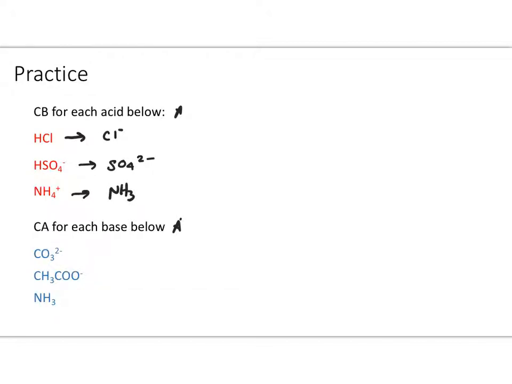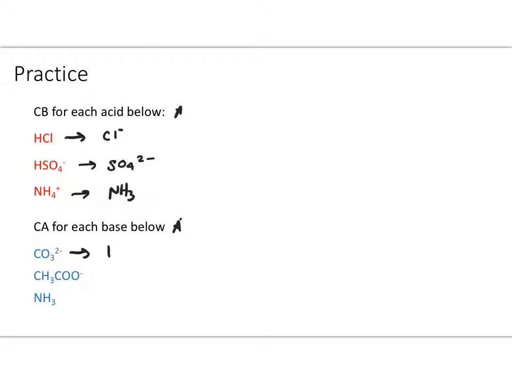Okay, so now that we've determined each of the conjugate bases from the acids above, let's do the reverse process. So they've indicated that we have bases here and they want us to determine the conjugate acid. Assuming that only one proton is picked up, in each of these cases the bases are going to take on a proton.